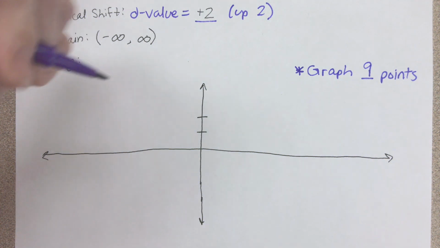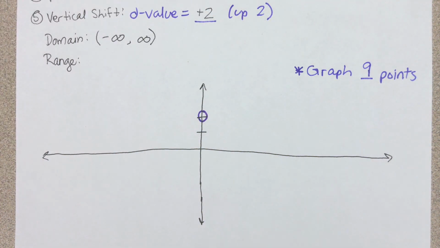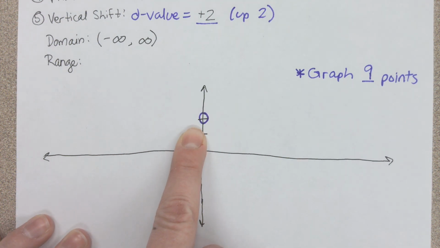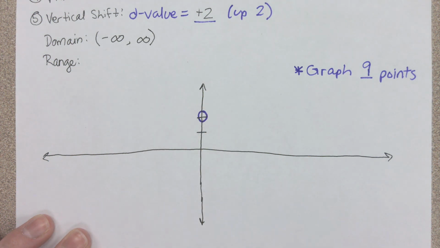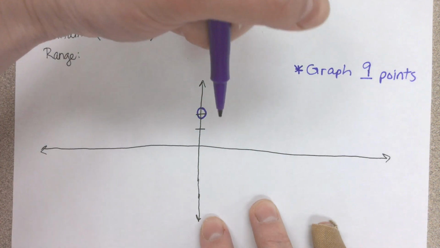So I'm going to draw that circle there. And this is where I'm actually going to start my first point. And again, I used a little circle for origin, but obviously we can agree that is not truly the origin. It has been moved. So just kind of keep that in mind.